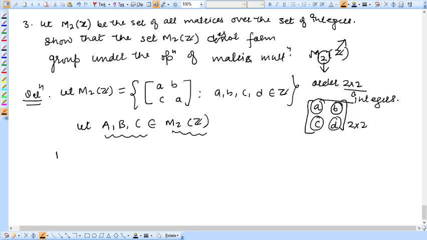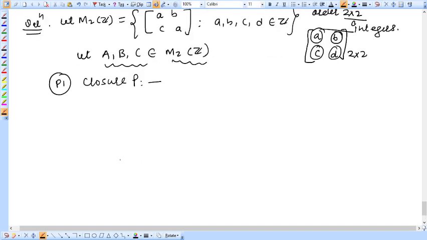First property now, closure property. In this property we're going to show that the product of any 2 elements is again in M2Z. Since we have already taken 2 elements from M2Z, let us look whether or not their product belongs to M2Z again.